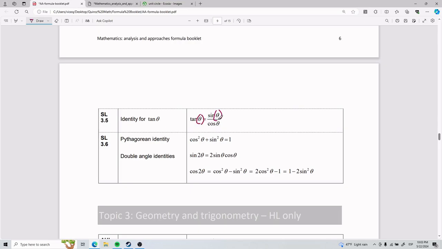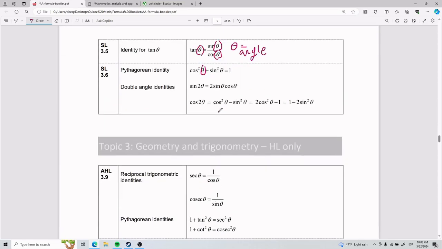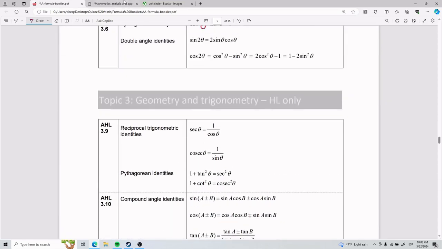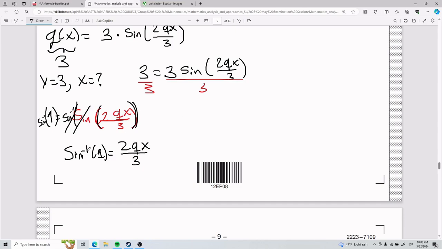And so what is theta? Theta is a way to express an angle, okay? And so theta is an angle. Whatever's inside the sine is an angle, yeah? And so from here, when you do sine inverse, you end up with just the angle of 1.